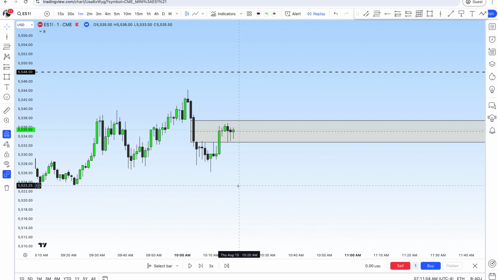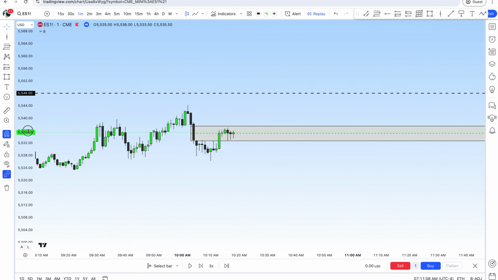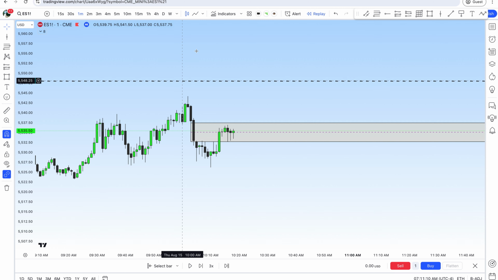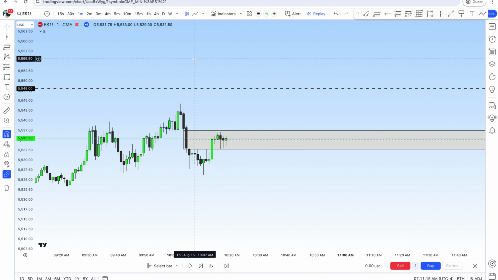I was also thinking, on the back end of recording this, that I'm going to show you guys how I knew where the top was going to be too. I think that would be a good gem. I can show you right now because this is what I did.